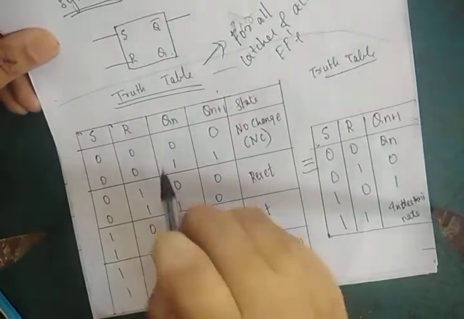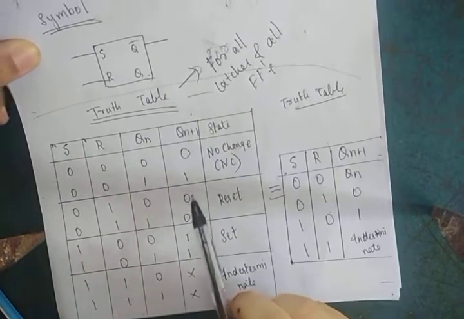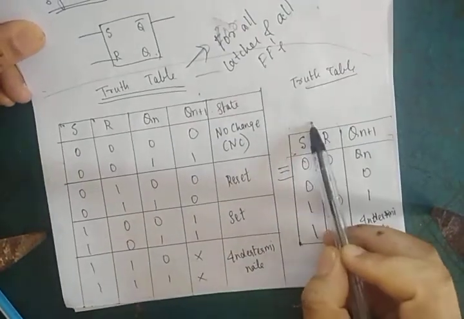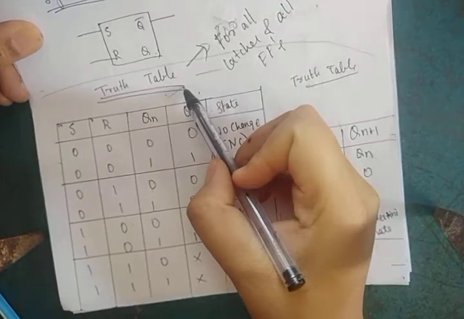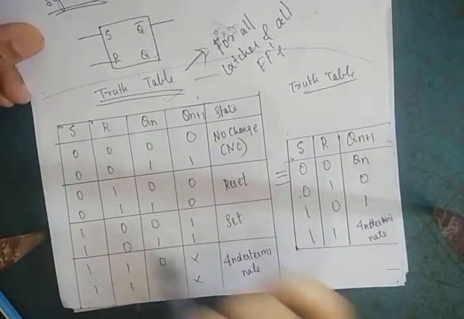Now, first I'll explain this truth table in detail. You may be confused, madam, you have put two truth tables. You can go with this truth table or with that one, whichever is best, but it is better if you explain both. For explanation, I have taken this big truth table.